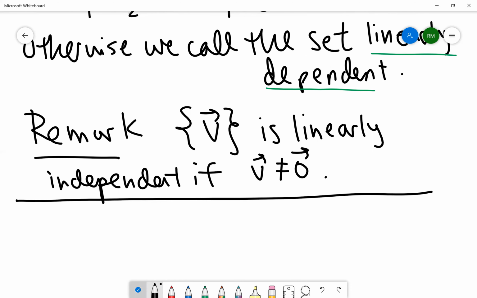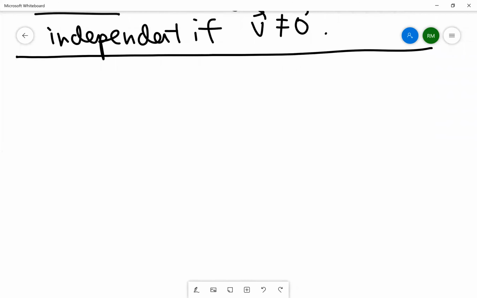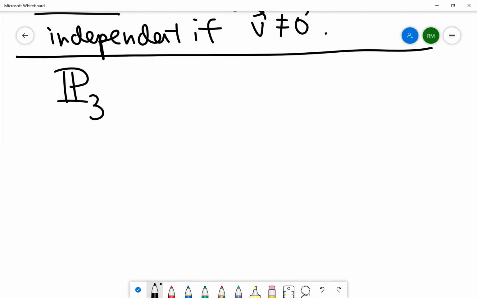Let's look at the vector space they call P sub 2. These are polynomials with degree 2 or less.